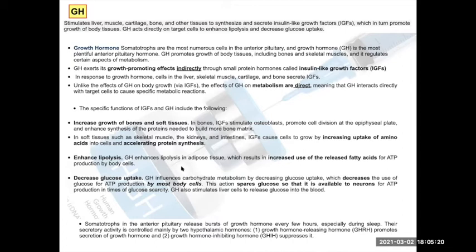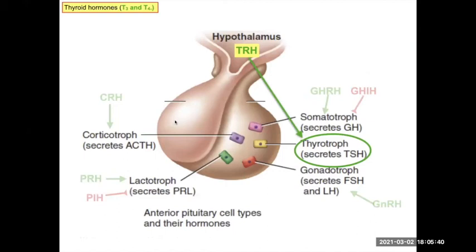Sometimes it's a medical thing where you're using it for repair, sometimes it's just for bodybuilding. So this is your growth hormone, increasing lipolysis and decreasing glucose uptake for the rest of the body, which is going to increase glucose for the brain.